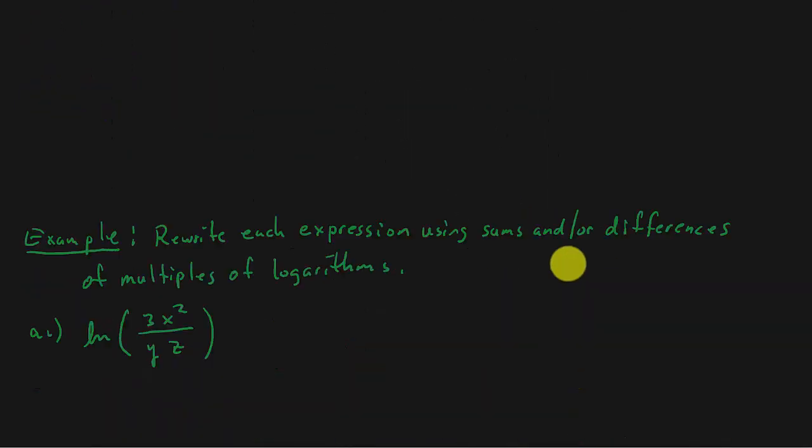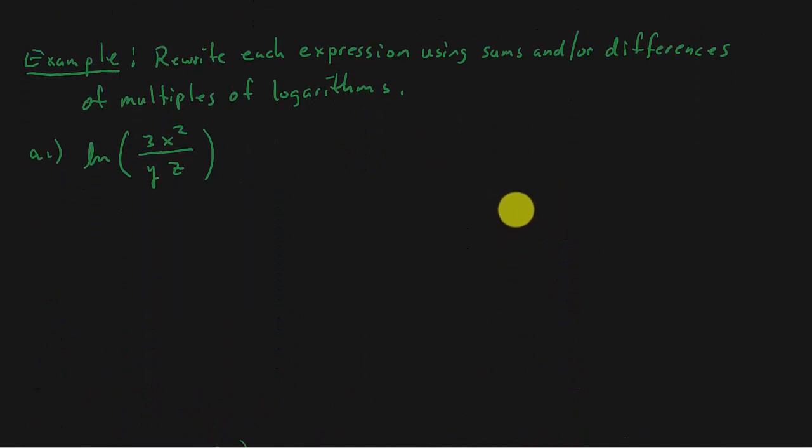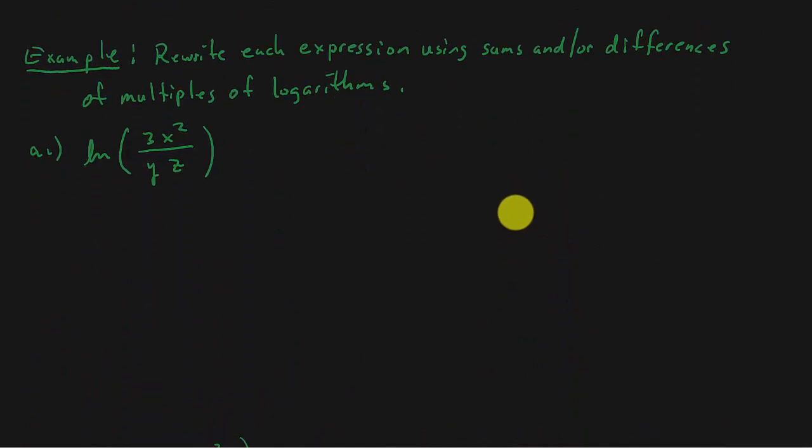All right, now we're getting into some that are a little more complicated. I'm going to work this one out an easy way, and then I'm going to do it again showing a lot more steps, to show you how it works and how I'm doing it the easy way. This is going to be natural log.